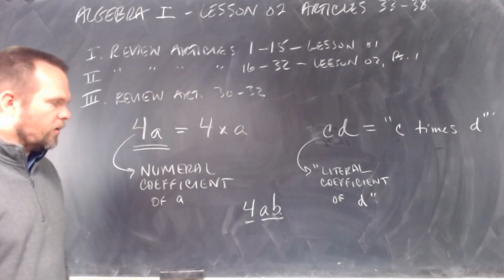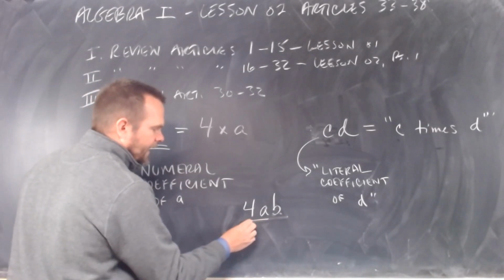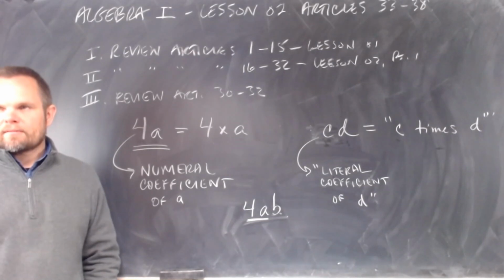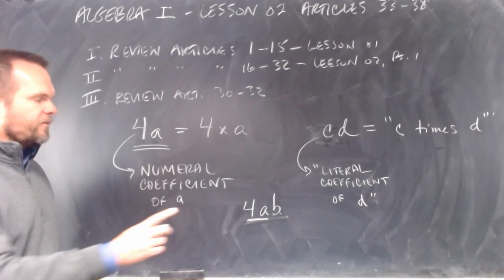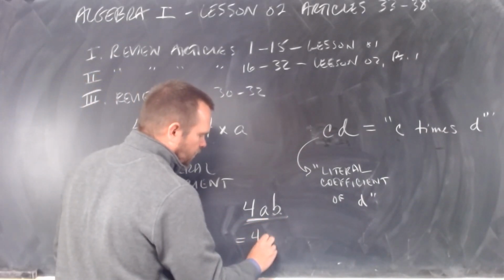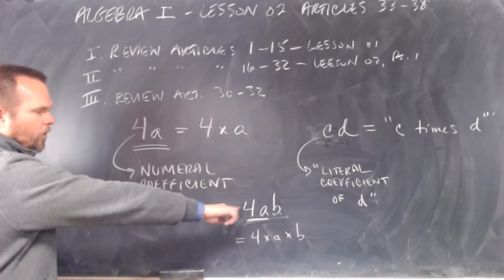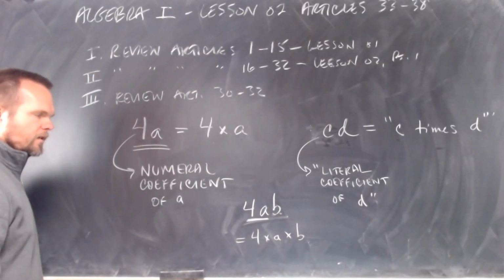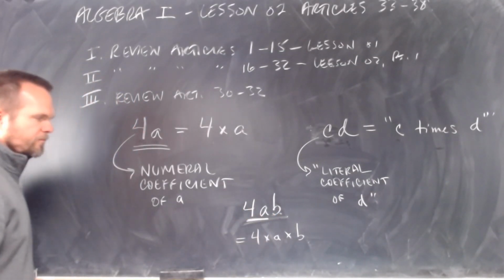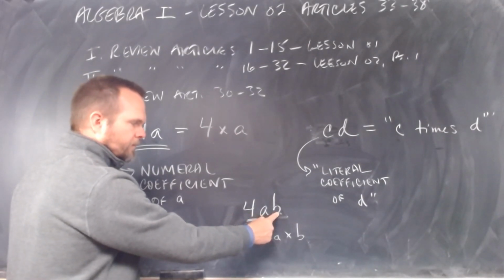Or I can say that 4A is the coefficient of B, because all three of these are multiplied together. 4AB is equal to 4 times A times B. All three of these quantities are coefficients. So I can say 4A is the coefficient of B. I can say 4 is the coefficient of AB.